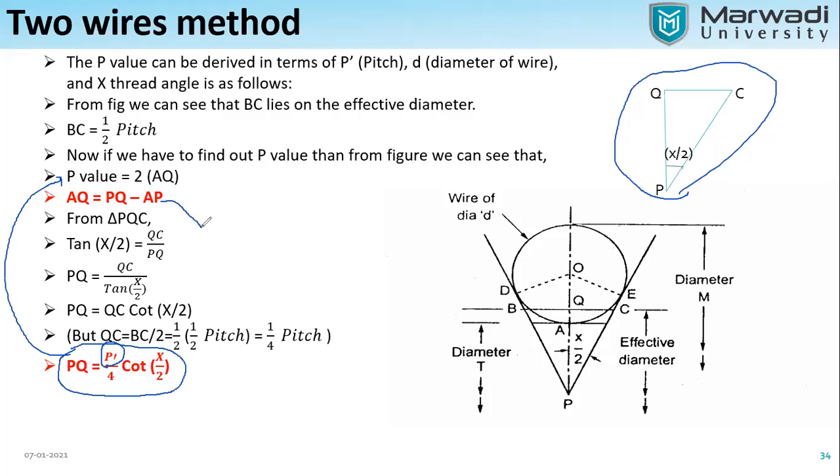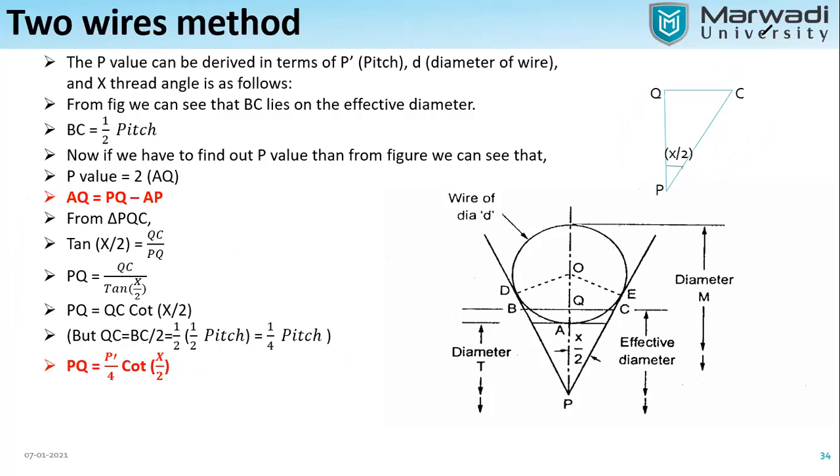Now we have to find out AP, which is required, and we just have to subtract it in this formula. So how can we find the distance AP? Is there any suggestion? How can we find the distance AP? What do you think?